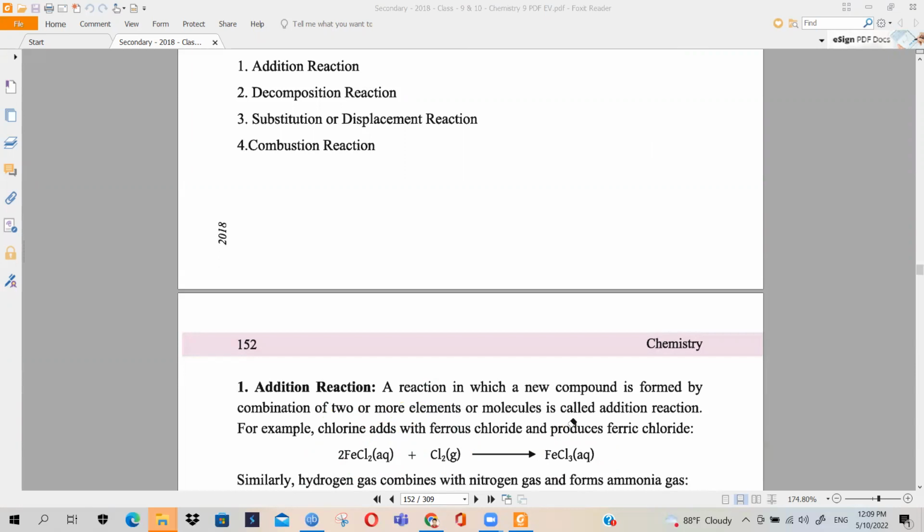Firstly write down the whole equation, then figure out the oxidation numbers of each and every element here, and then write down the half reduction reaction and half oxidation reaction, like we did previously. You can check your notebook for other equations as well.